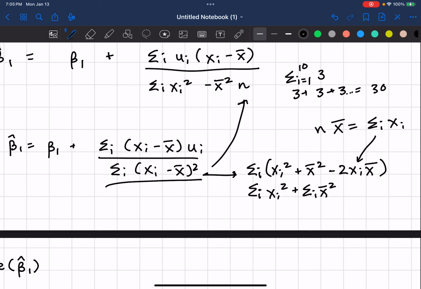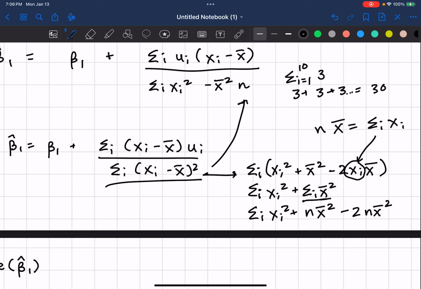So what is sum I x bar squared? We sum x bar squared n times. So this thing will be n x bar squared. And this is minus 2. I'm going to sub in for sum I xi. So that's n x bar times another x bar, so n x bar squared.